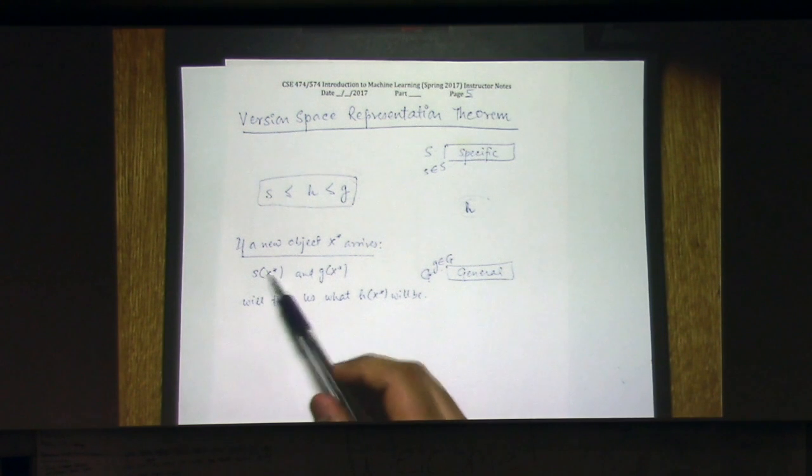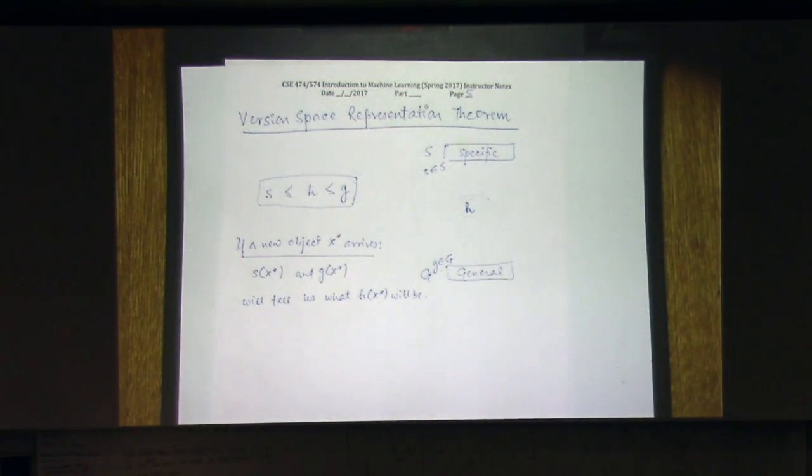The way to think about it is: what is the most specific hypothesis?